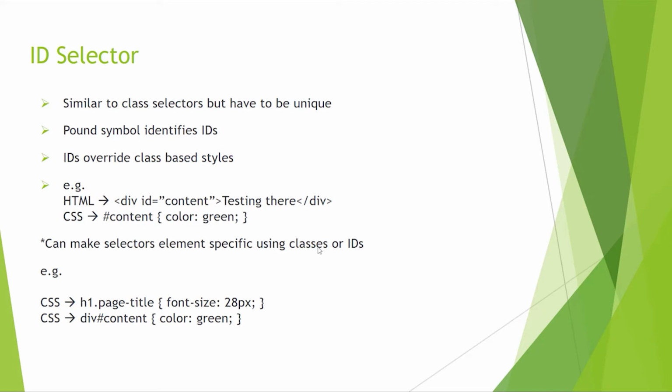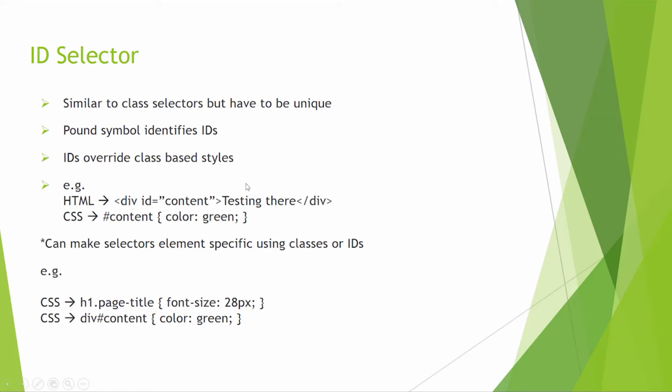Similar to classes, or the class selectors, we have the ID selector. The main difference is that they need to be unique, so you can only use this once. Another important difference with them is that they have higher priority. They override class-based styles. We're going to talk about inheritance when we're talking about some of the main concepts of CSS in just a few minutes, but keep in mind that the IDs override the class-based styles.